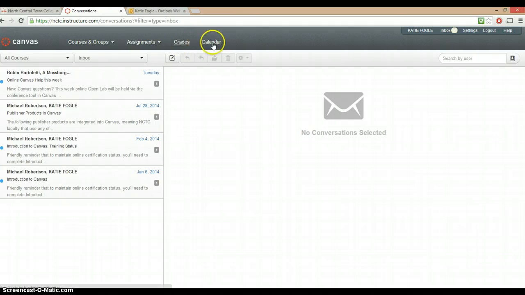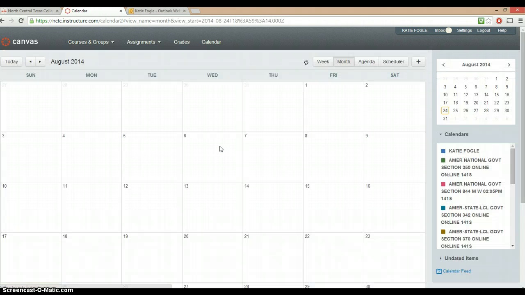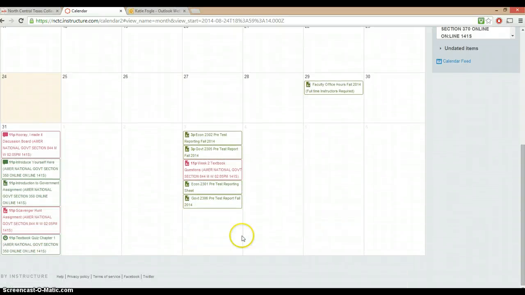The other thing I want to show you is the calendar. So when you're going through the course, if you're confused about, oh, what is due this week? What do I need to get done before the end of the week? The calendar is a great place to go. The calendar will have all of your classes in it, so you can map out in the semester where you're going to be spending your time.